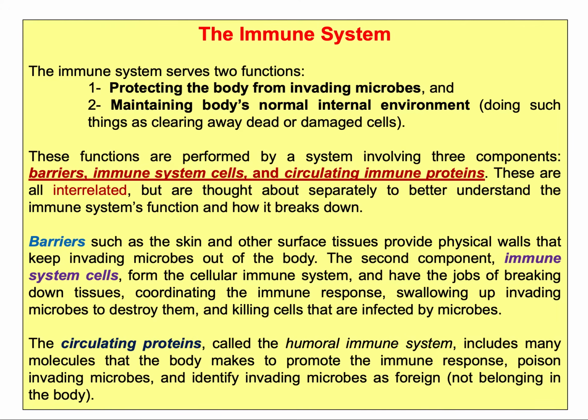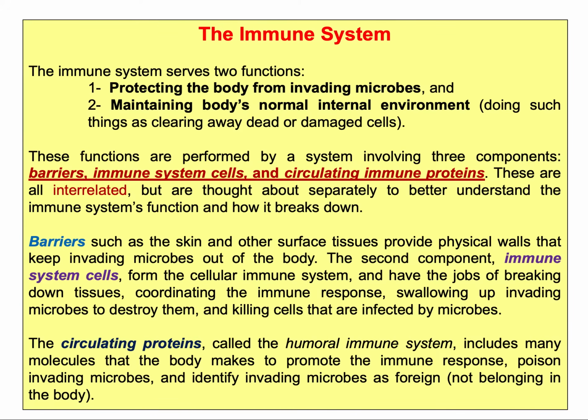So barriers like skin and other surface tissues provide physical walls that keep invading microbes out of the body. So the skin is very simple. It's straightforward. Now, the immune system cells form the cellular immune system.